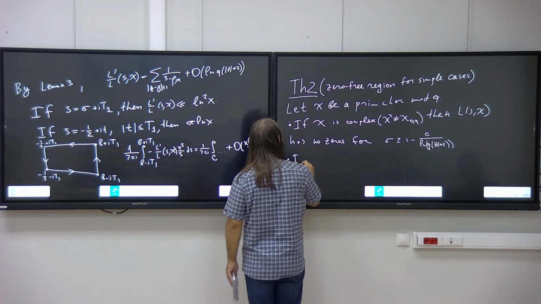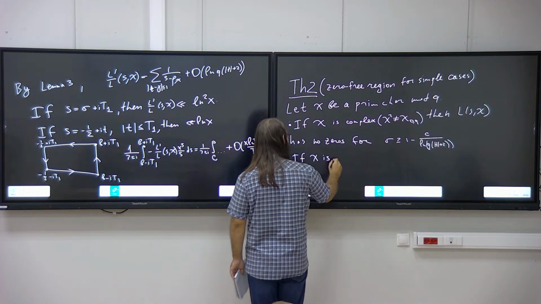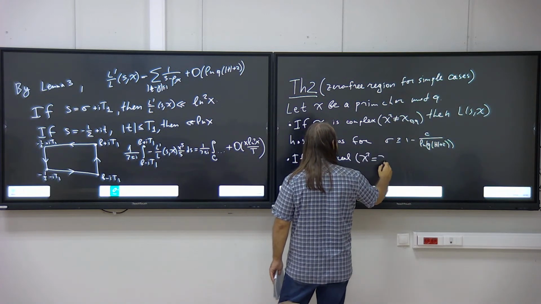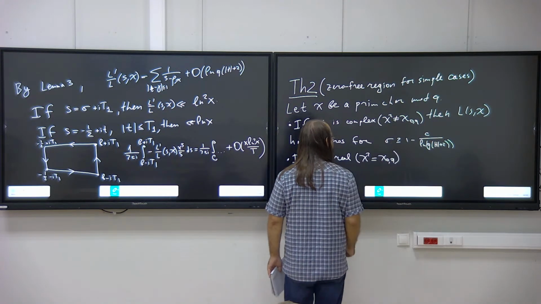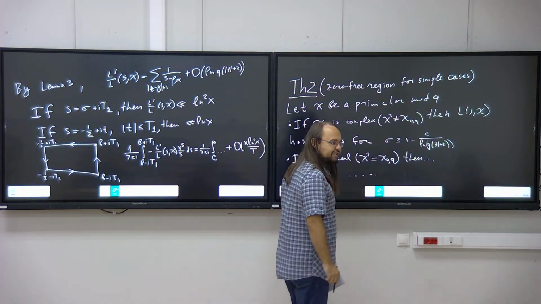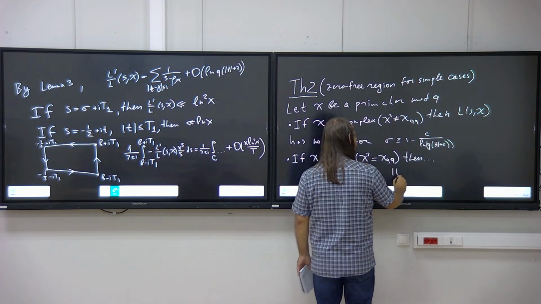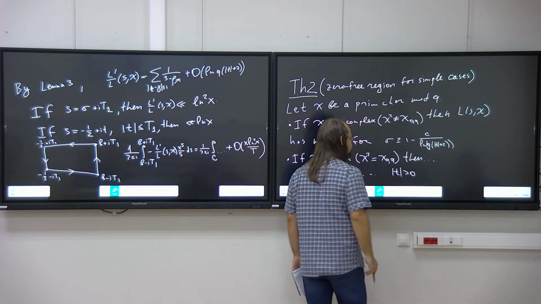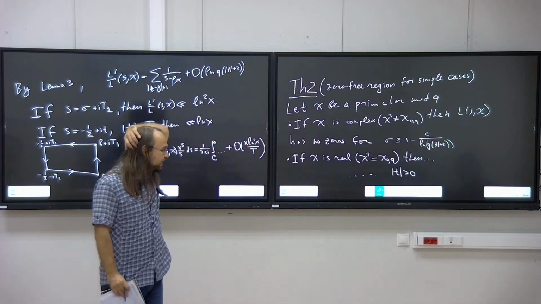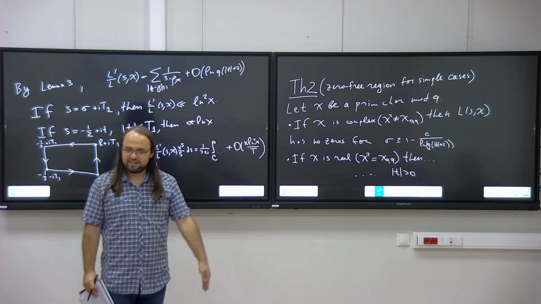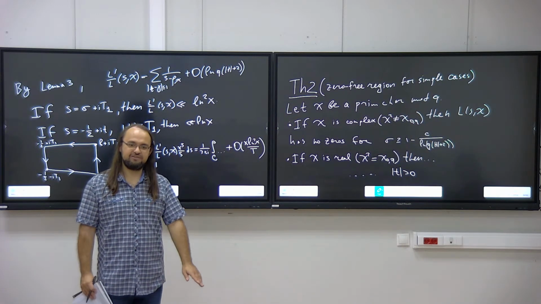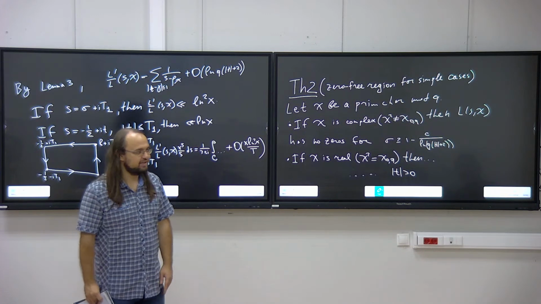Now, if chi is real, so chi squared is equal to the principal character, then all the same things are correct, but only for absolute value of t greater than 0. So if you have a complex zero of a real character, then you have the same zero free region, everything works.